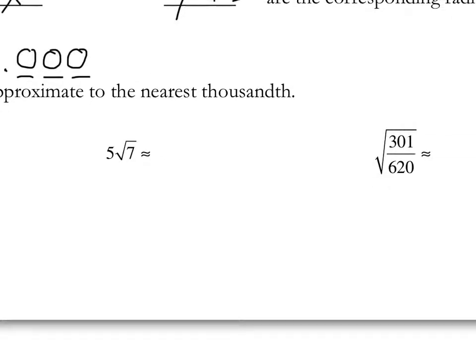5 radical 7. We want the square root of 7 times 5. That is approximately 13.22. Now, the next number is an 8, but the number after that is a 7, so we need to round that to 9.